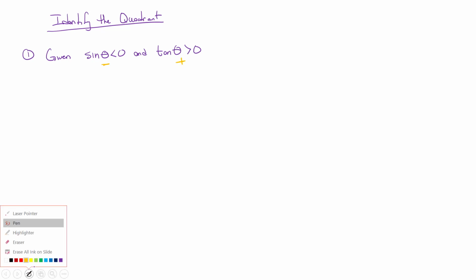Okay, so question for you. Which quadrant is sine positive? Remember, that deals with the y's. Y's are positive in which quadrant? Good. 1 and 2. Gotcha. Tangent. Tangent deals with which variables again?